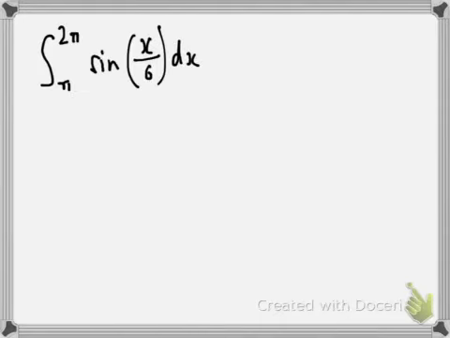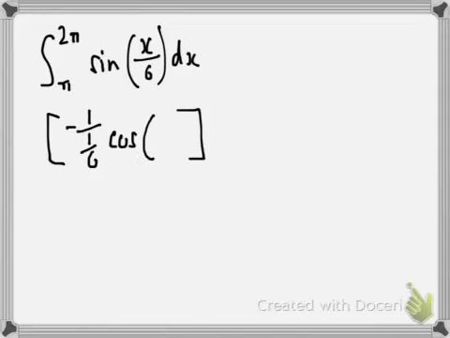Next one, integral between 2 pi and pi of sine x over 6 dx. Okay, so let's get the integral of this. Now, integral of sine expression goes to negative cos, remember, but it's negative 1 over the coefficient of x, which is a 6th here, cosine x over 6 stays the same.